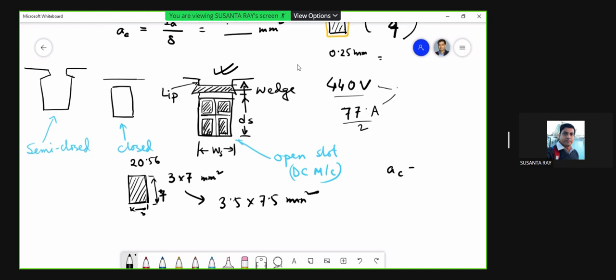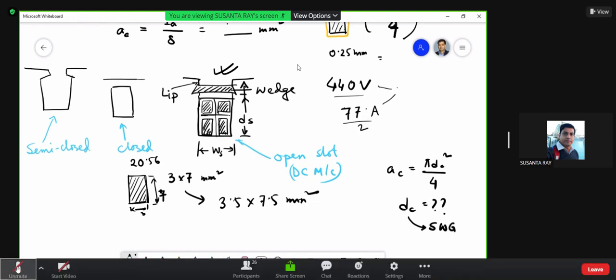Okay. This diameter you have to take and check the SWG chart. You just see what are the standard diameters available for the round conductor.